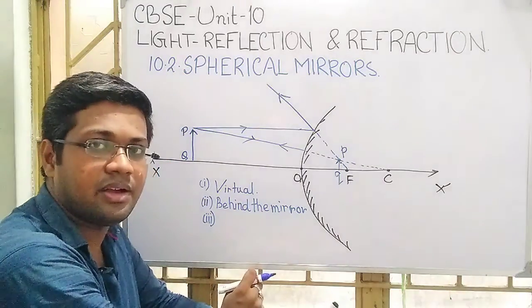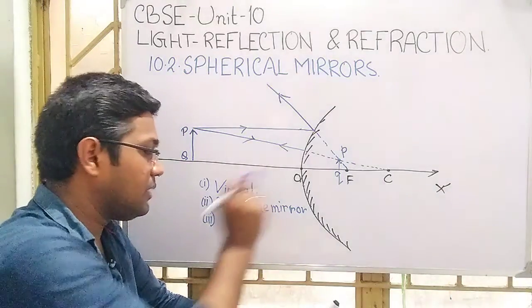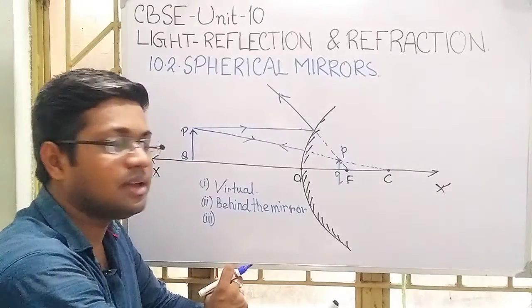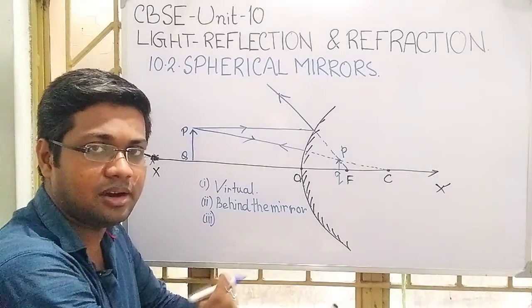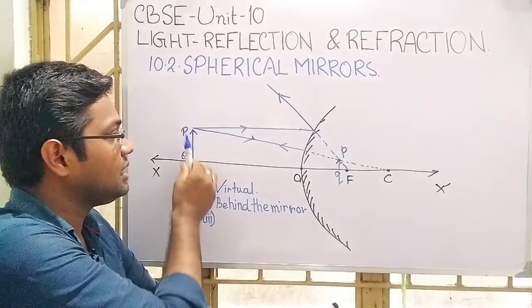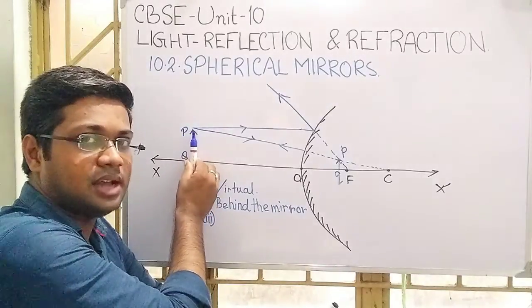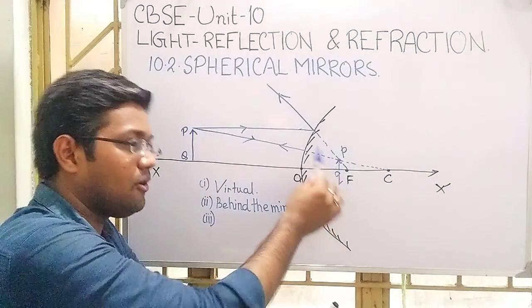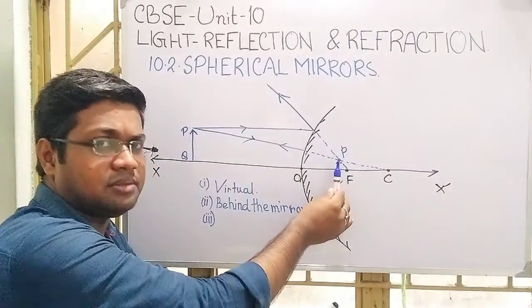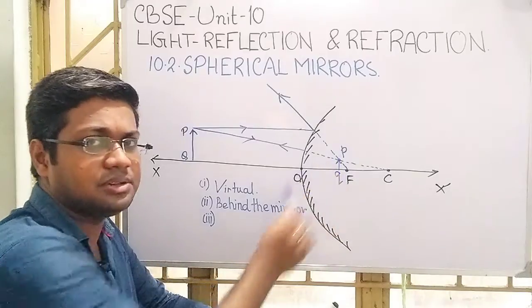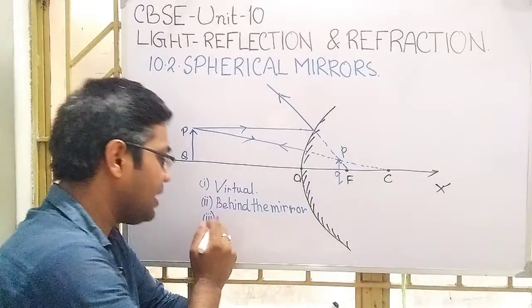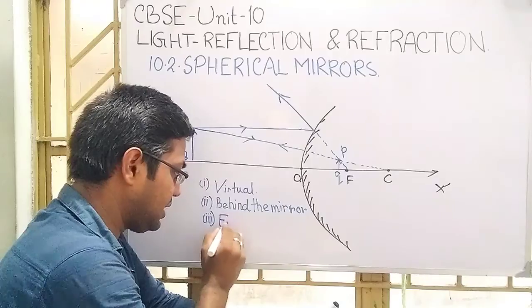Next, is the image erect or inverted? The side of the object is the same side on which the image is formed. The side is not changed, so you can say the image is erect.